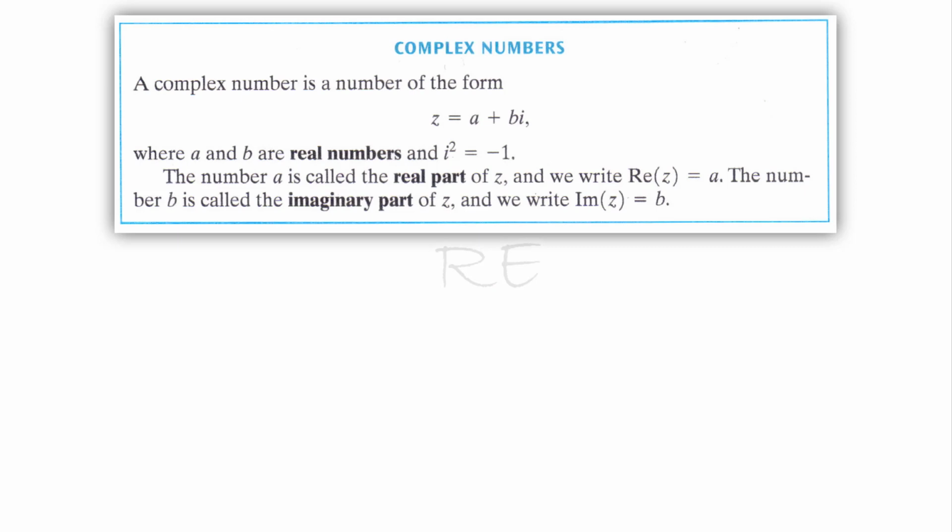So a complex number is a number of the form z is equal to a plus bi, where i is equal to square root of -1 and i squared is equal to -1. a is the real part and b is the imaginary part, which is multiplied by the imaginary unit i.